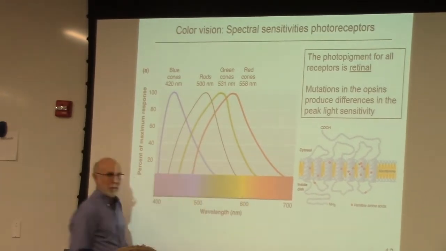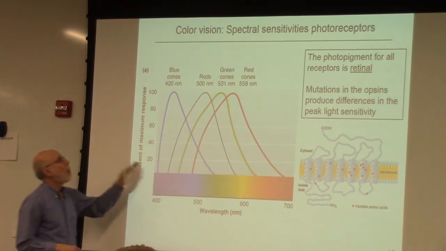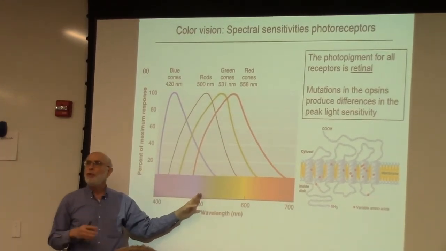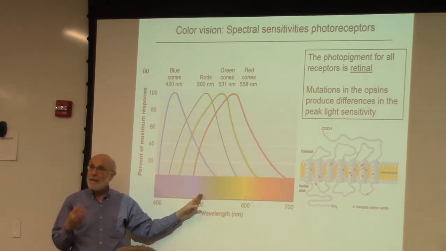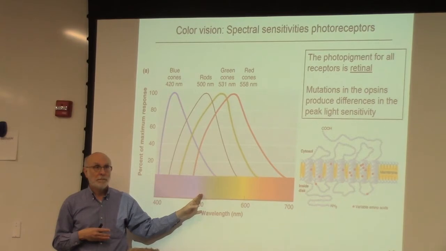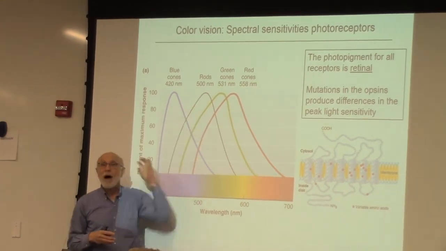This is our visual spectrum. Rhodopsin has a peak in the blue-green light. So we are most sensitive in dim light to blue-green light. Because that's what our rods are seeing.